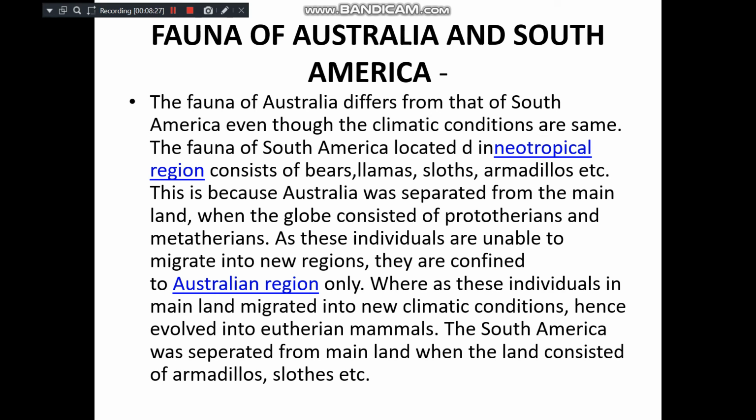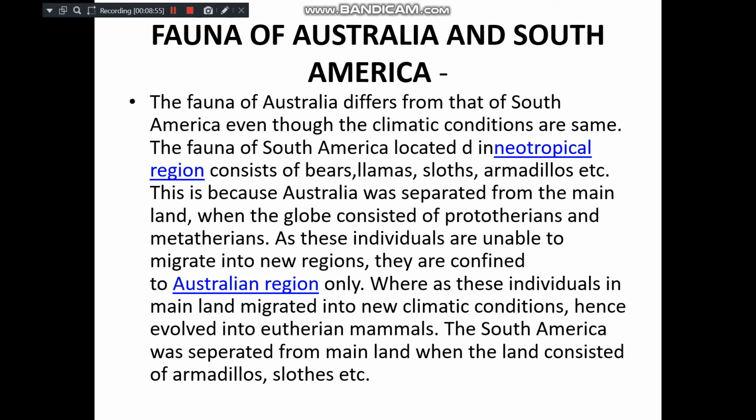So they had to confine themselves to this island, whereas the animals on the mainland had plenty of scope for migration into new climatic conditions. Hence, they evolved into eutherian mammals, but not the organisms found in the Australian region.